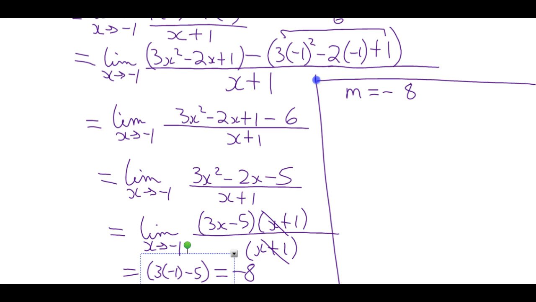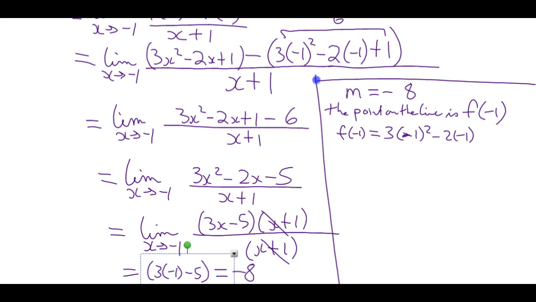The point on the line is f of -1, because we got that function, and we know that we're going through the point -1 something. So f of -1 is equal to 3 times -1 squared minus 2 times -1 plus 1.